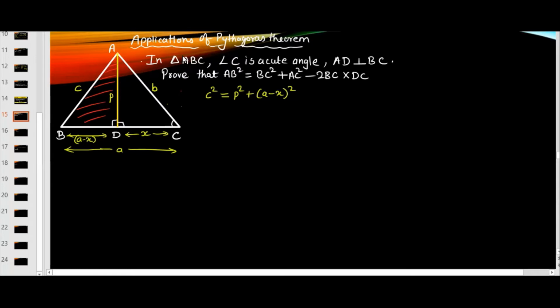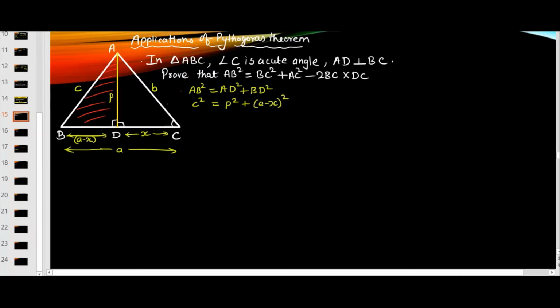So we have used Pythagoras theorem. If you don't want to write this step, you can start by writing the formula first, that is AB square is equal to AD square plus BD square. Now we can substitute. AB is C, so it will become C square. AD is P, so it is P square plus BD, which is A minus X whole square.